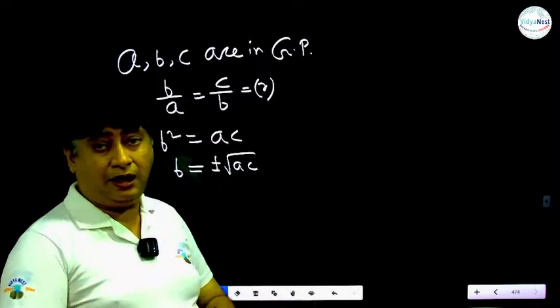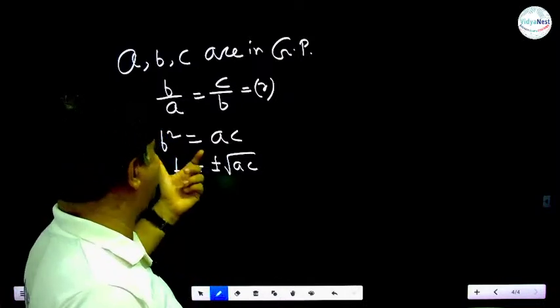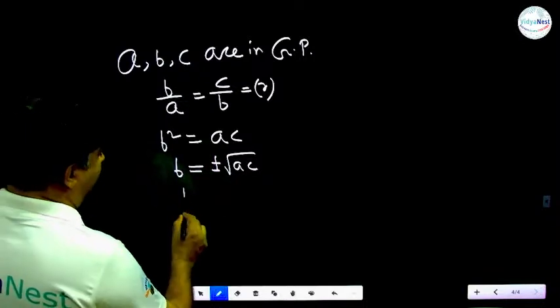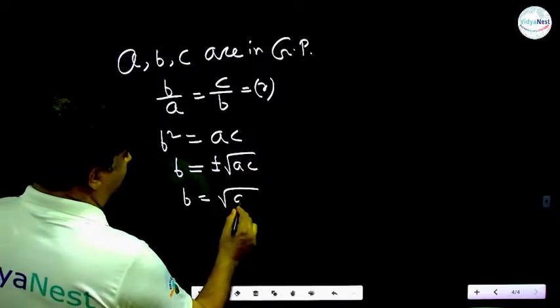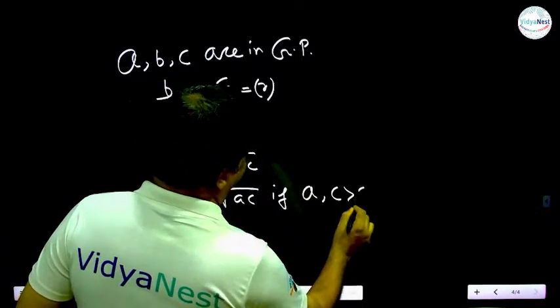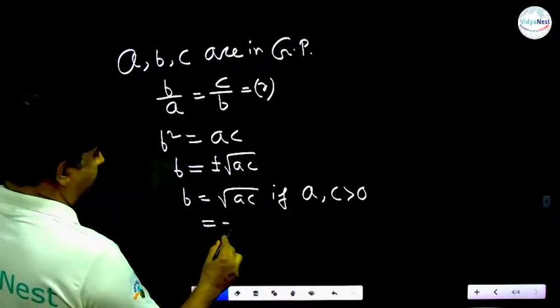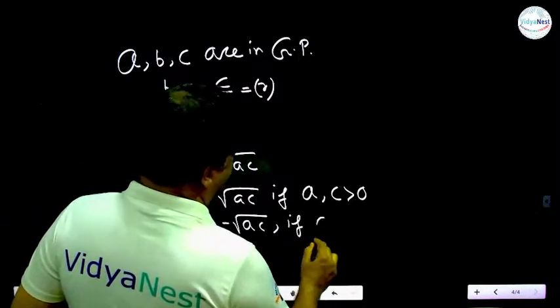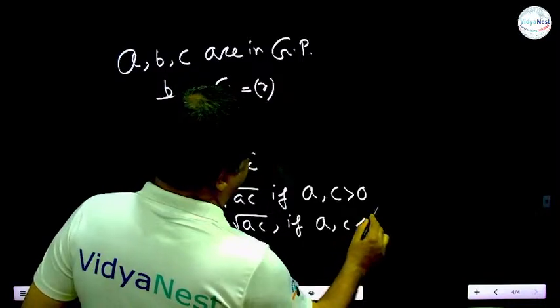तब पता चला कि ये जो डेफिनेशन है जियोमेट्रिक मीन का, एग्जैक्ट डेफिनेशन क्या है? B will be root AC if A and C both greater than 0. It will be minus root AC if A, C both less than 0.